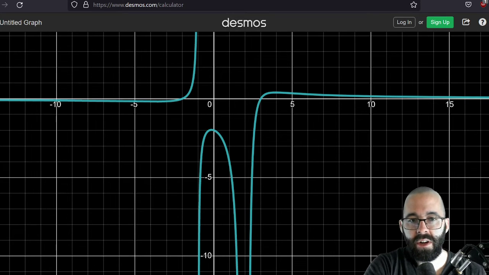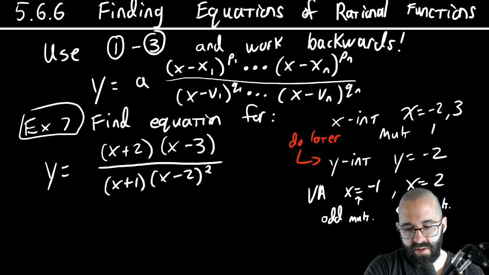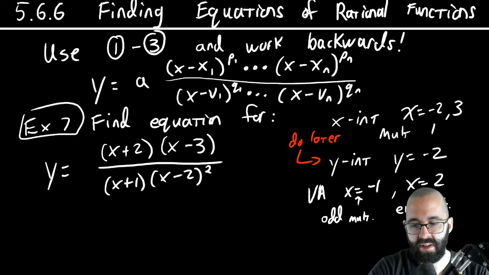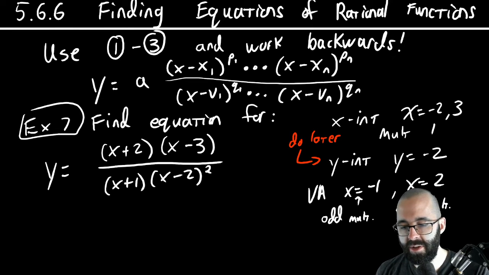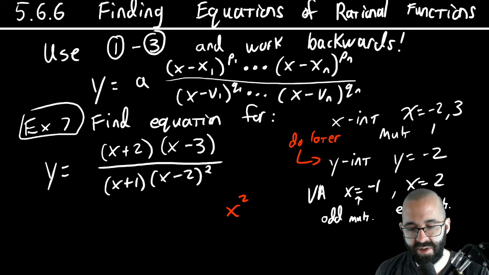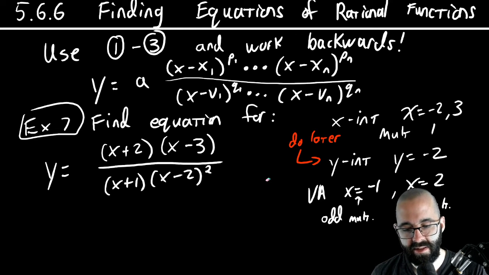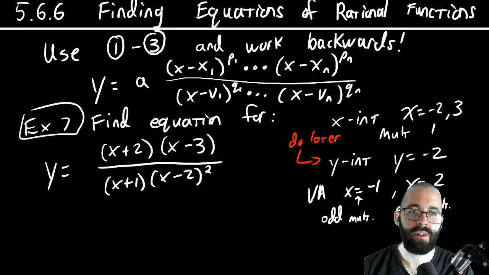So the end behavior should be like 1 over x or something. If we looked at the end behavior, it'd be the same as the end behavior of the leading terms. The leading term on the top is x squared. The leading term on the bottom is x cubed when we multiplied it all out. So yeah, the end behavior is like 1 over x in our little guess. So all that's left is to find that a value. Everything else is looking pretty solid.